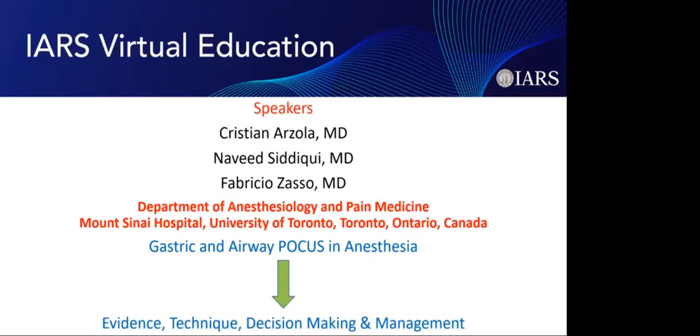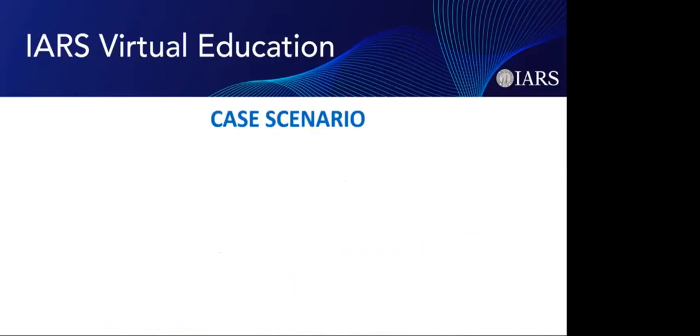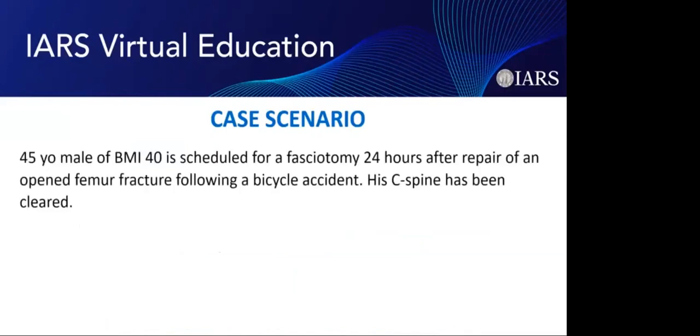We will highlight the use of POCUS using a case scenario, which involves a 45-year-old male of BMI 40 who is scheduled for a fasciotomy 24 hours after repair of an open femur fracture following a bicycle accident. The patient's C-spine has been cleared.